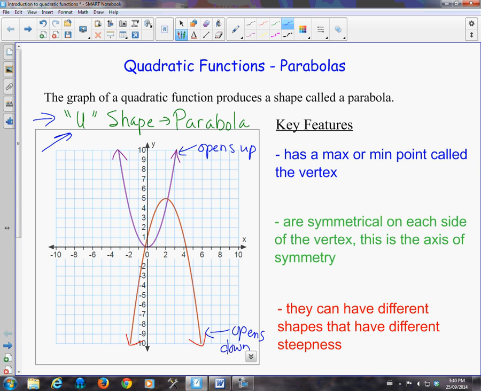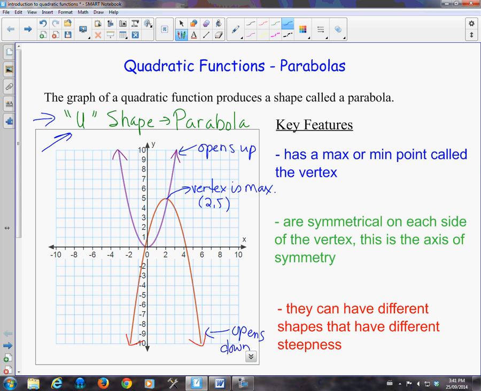So a parabola, or a quadratic function, always has some certain key features. One of those features is that it has a maximum or a minimum point, and that maximum or minimum point is called the vertex. In the red one, the vertex is the maximum, and the vertex point is at 2 and 5.